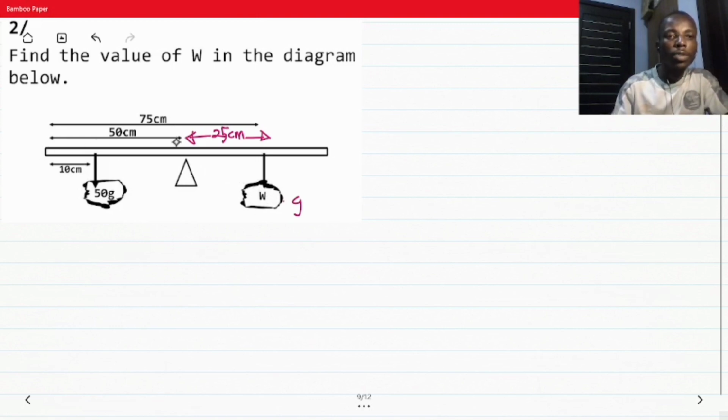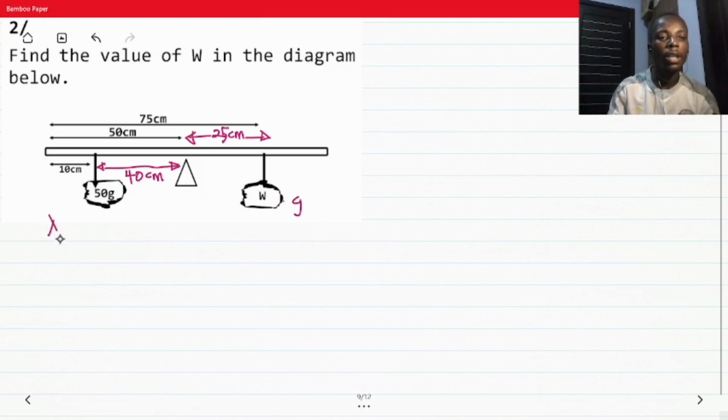Now from here to here is 50 centimeter, and from here to here is 10 centimeter. It implies that from here to this point is 40 centimeter. So having found the line of action, the distance from the pivot of the two forces or the two masses, we are going to now find the moment.